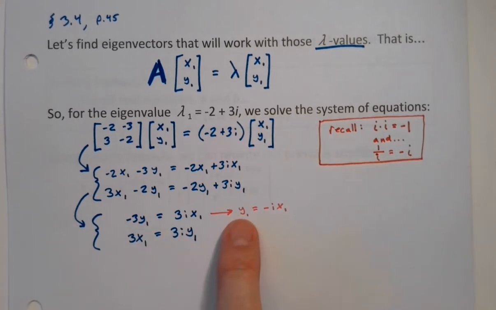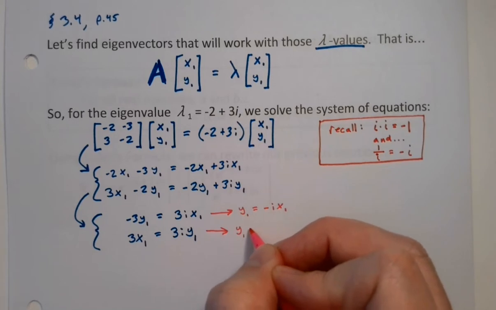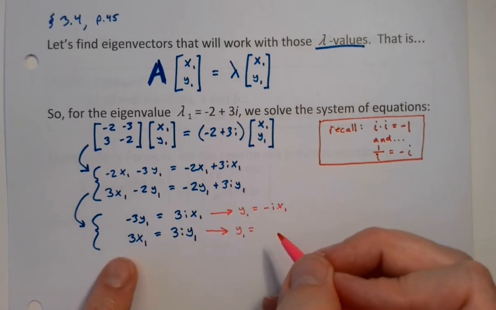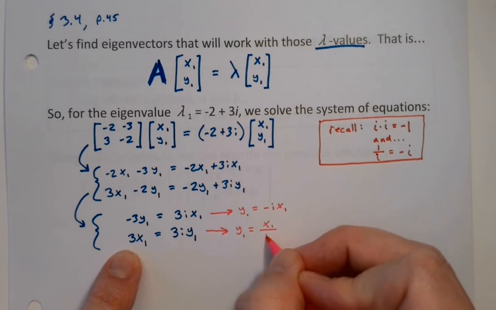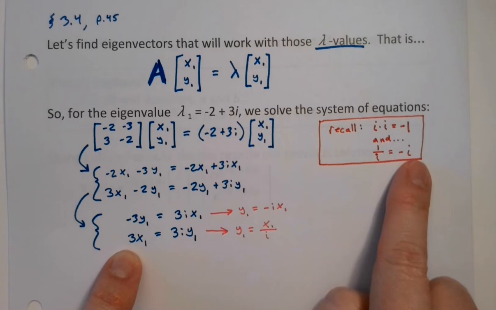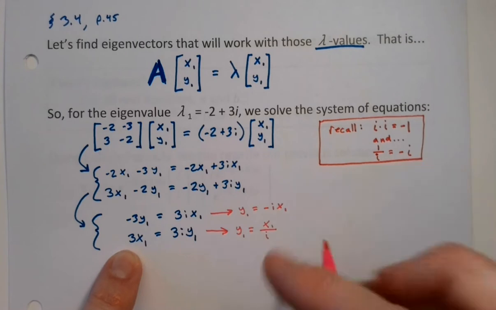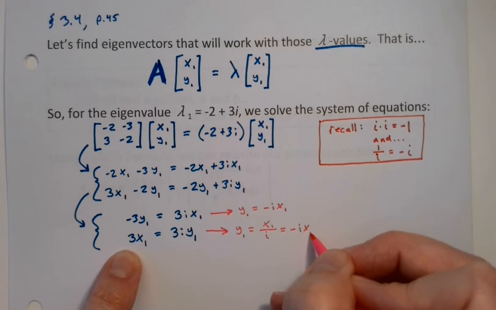If I want it to be y equals something in terms of x, I want to solve this thing for y, that means I'd have to divide both sides by 3i, not just by 3, but by 3i. So this thing would be y1 equals, divide both sides by 3, those go away, it'll be x1 over i. And if you remember the rule, 1 over i is the same thing as multiplying by -i. That really is -i x1.